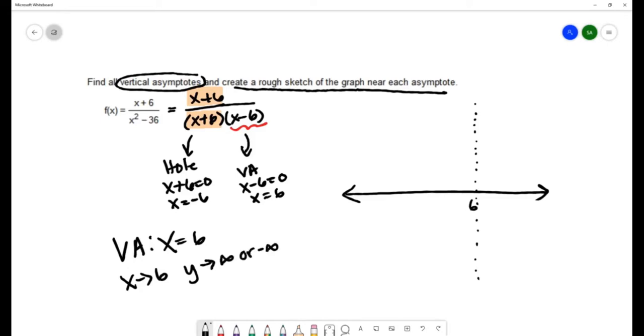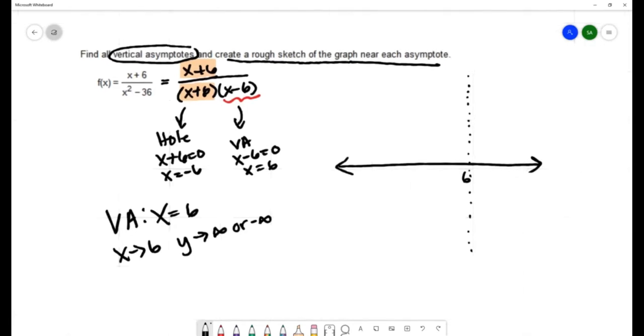And we need to consider this on both sides of 6. We have a special notation that we use to indicate each side of 6. If we want to say numbers that are less than 6, or to the left of 6, we put a minus, and for x approaching 6 from above 6, or to the right of 6, we put a plus. This takes care of what's happening on each side of 6.